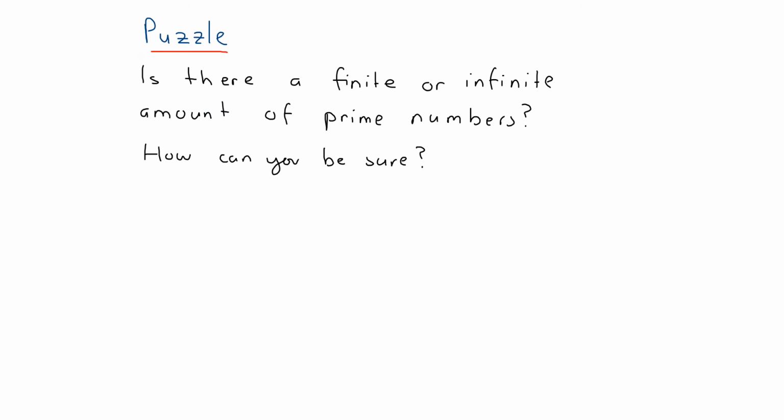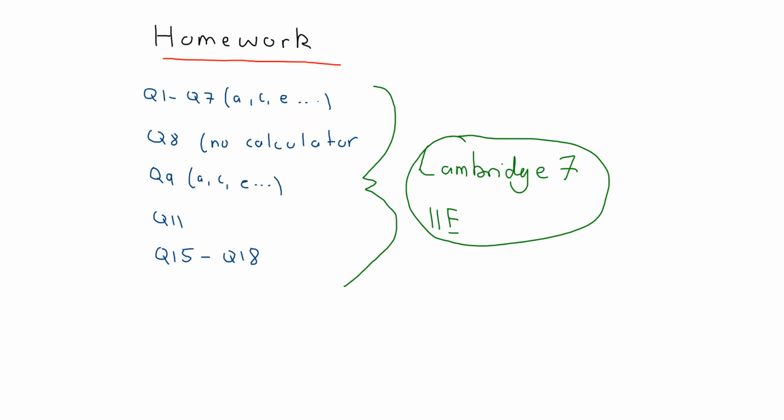Alright, so that brings us to our homework. Our homework is from Cambridge Year 7, question 11E. So you're going to do from 1 to 7, A, C, E, and I've put 3 dots there. That doesn't just mean you do A, C, and E. It means you do A, C, E, G, I, K, and every second question in that manner.